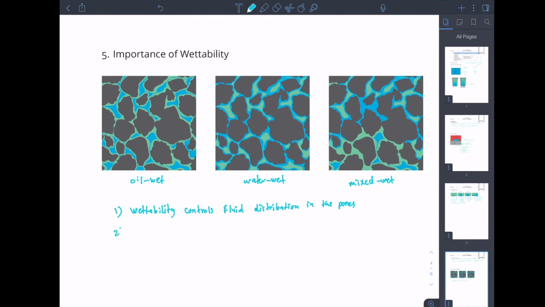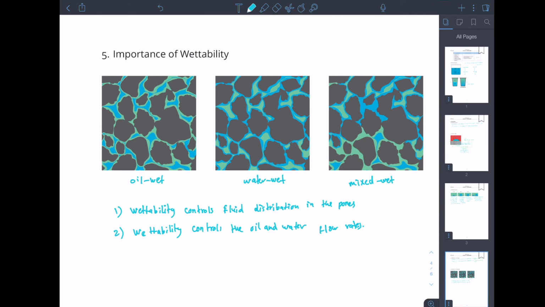And the second one is that wettability controls the oil and water flow rates. And we'll discuss this part more when we talk about relative permeability for the second part.